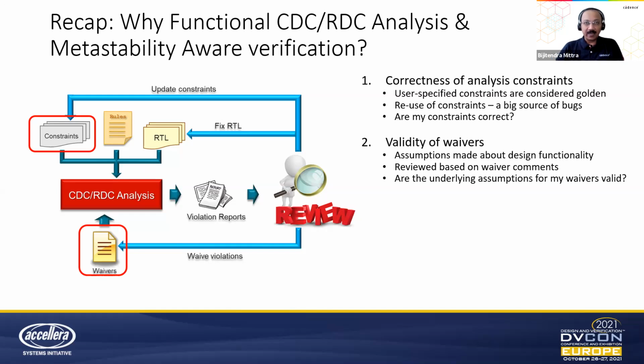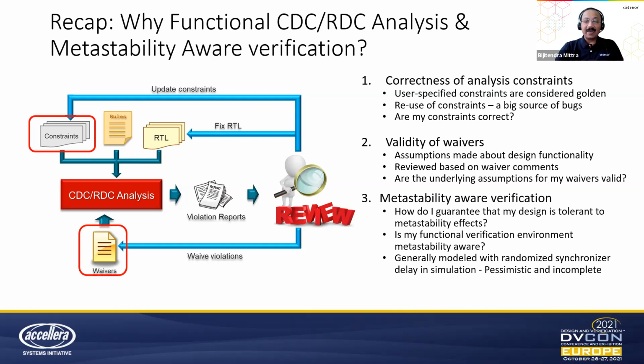We say, this is how my design is going to behave, so this is not a valid problem, so I'm going to waive this violation. But rarely would we validate that assumption about the design functionality. So the question remains: are the assumptions I'm making for waiving my structural violations correct? And the last thing is about metastability-aware verification.